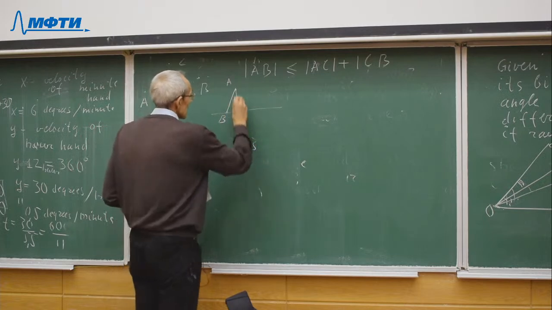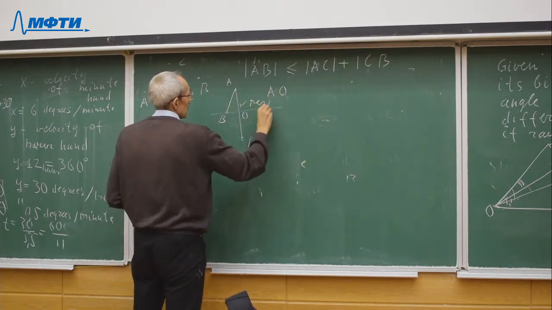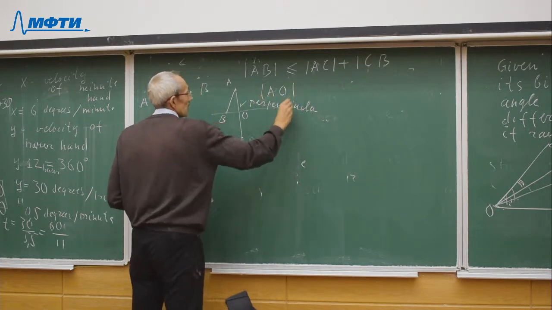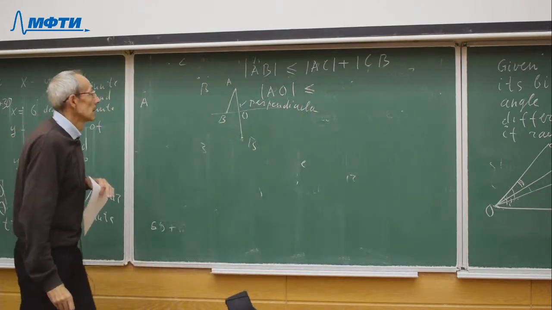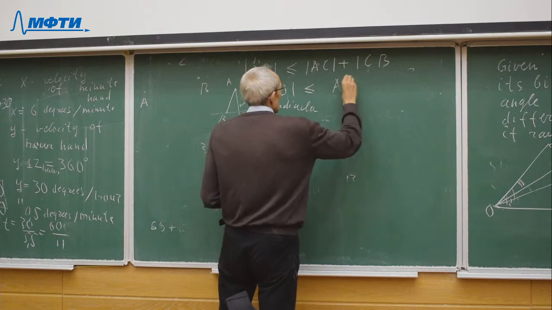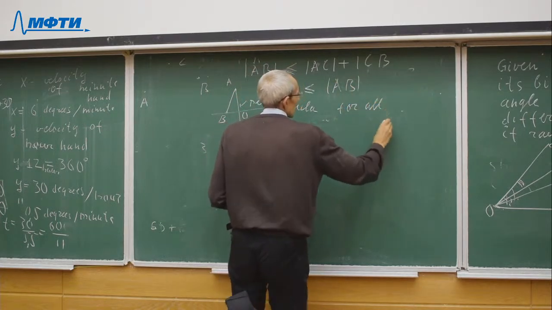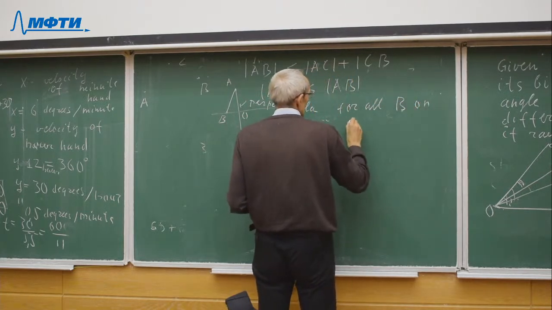The distance from A to the perpendicular OI is less or equal to the distance AB for all B on the straight line.